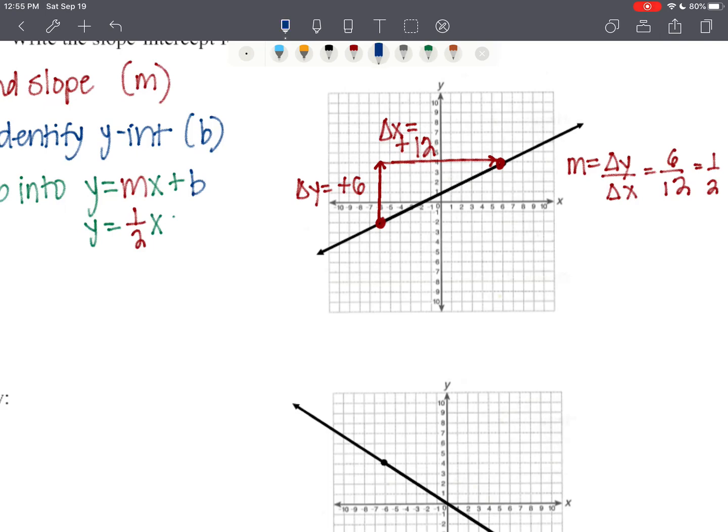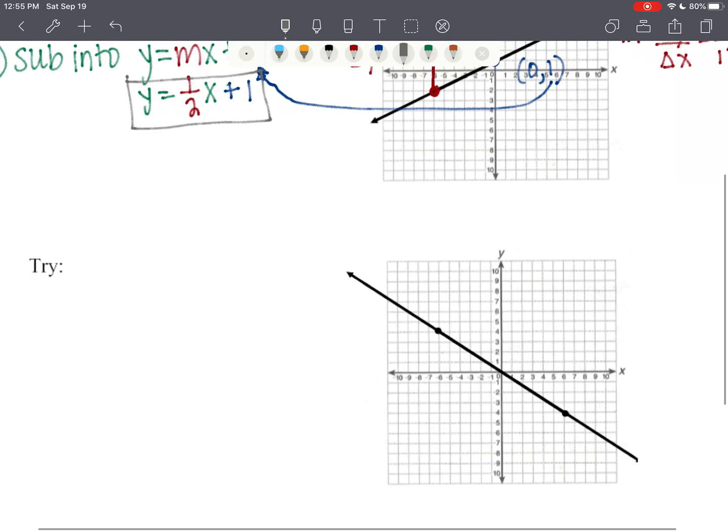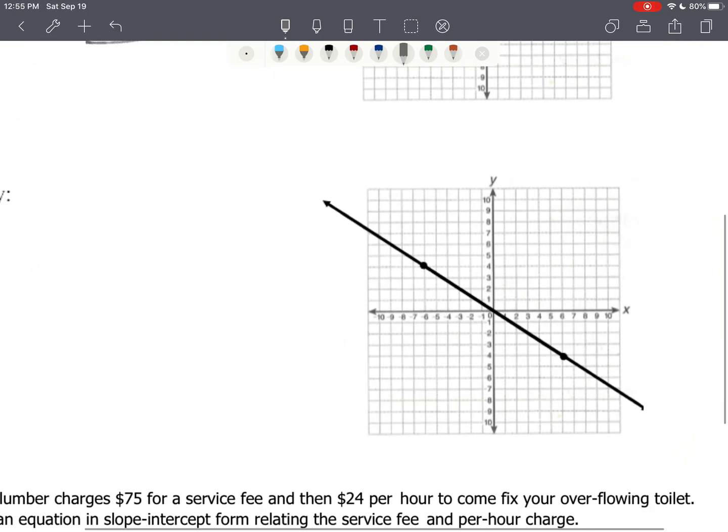Now we need to look at that y-intercept. The y-intercept is 0, 1. So we'll add 1, because that's your b value. So our answer is y equals 1/2 x plus 1. Okay, you try the next one.